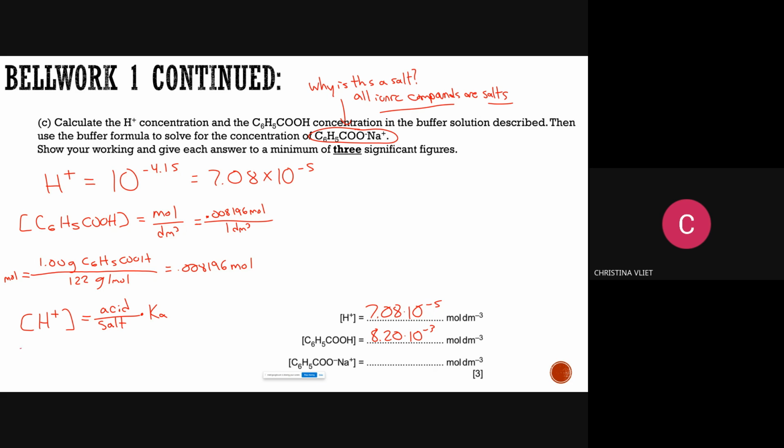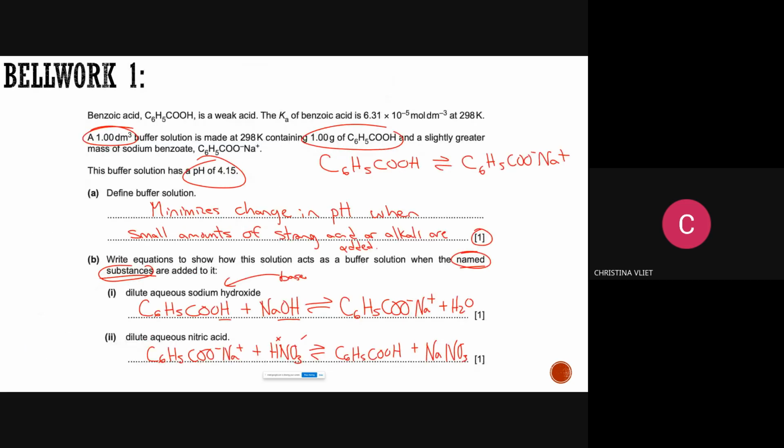So we plug in what we know, 7.08 times 10 to the negative 5. We've got the, which part, acid or salt? Acid, so we know that that's my 0.00820. I'm looking for my salt. And we have a Ka. If we don't, we're in trouble. We have the Ka right there. 6.31 times 10 to the negative 5.